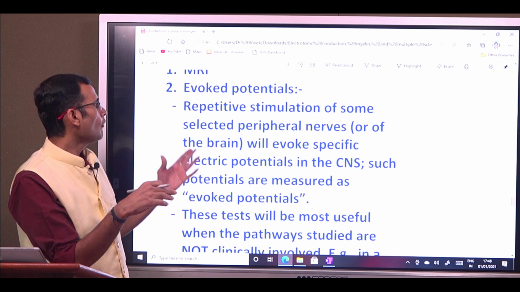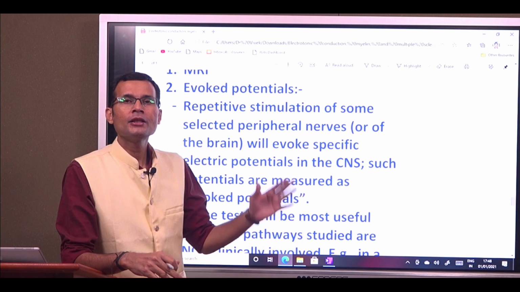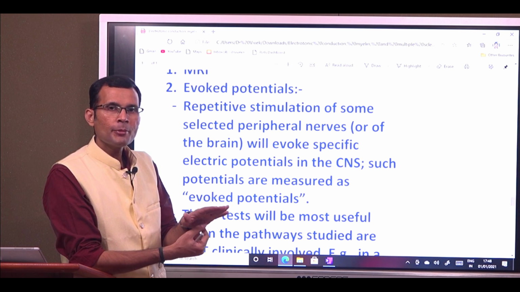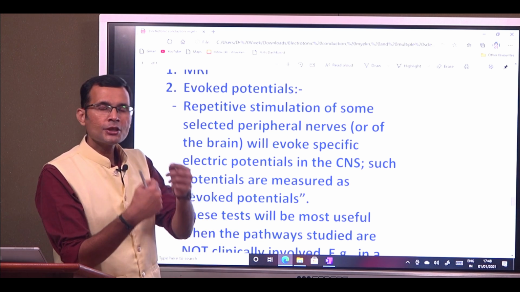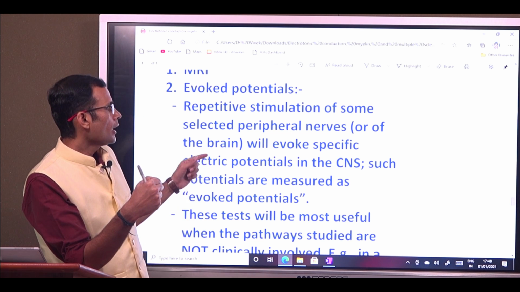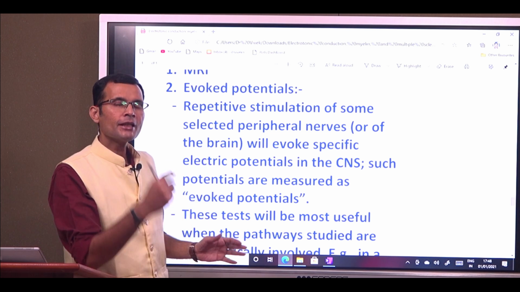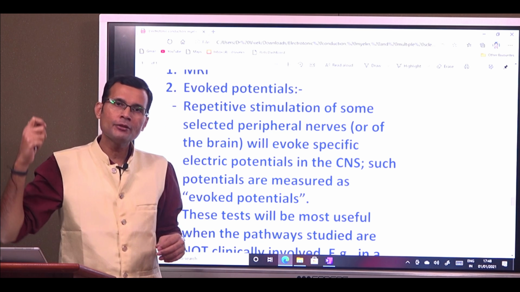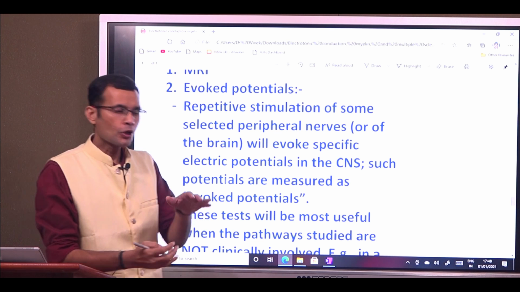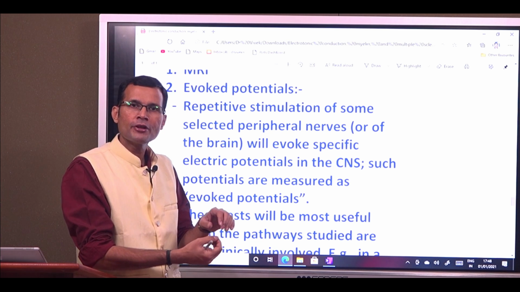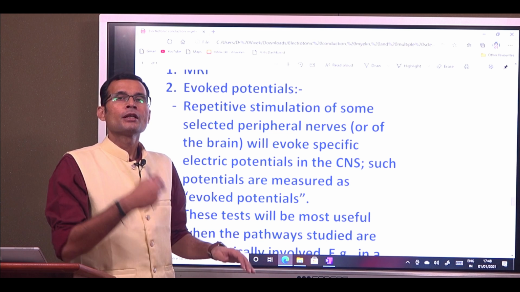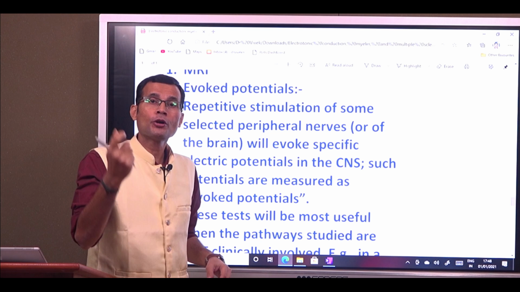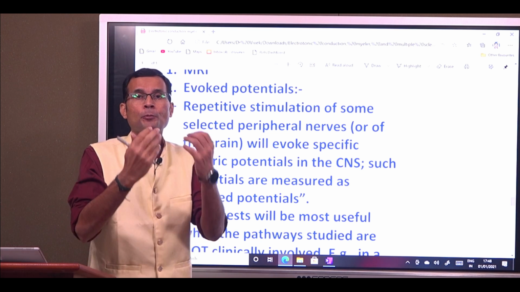Repetitive stimulation of some selected peripheral nerves, let's say the sensory nerve coming from the foot, is stimulated repetitively, and it will evoke specific electrical potentials in the CNS. Those potentials can be recorded, because the impulses which start from that peripheral nerve in the foot reach the cortex.